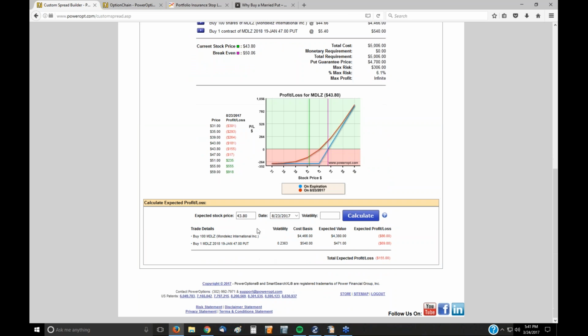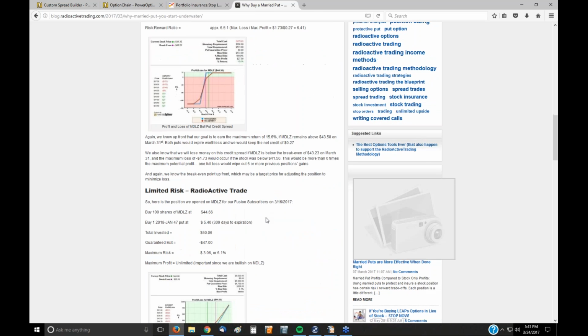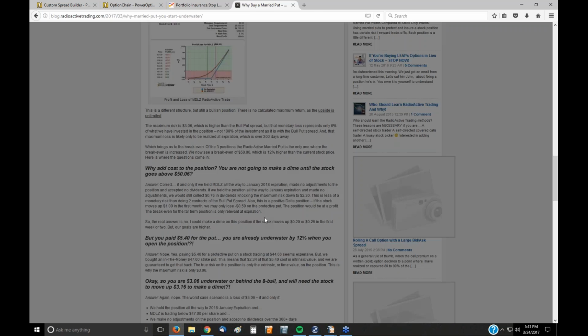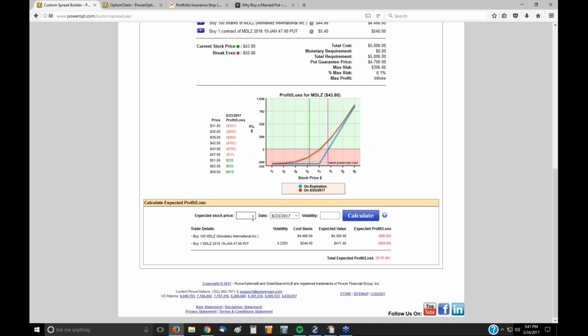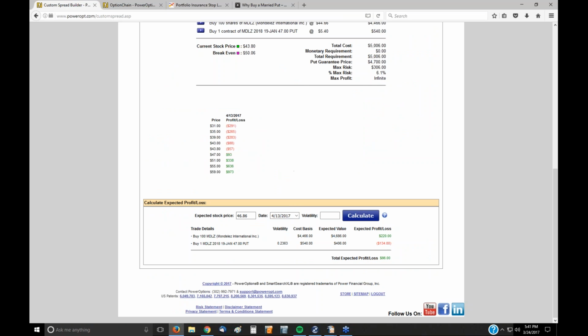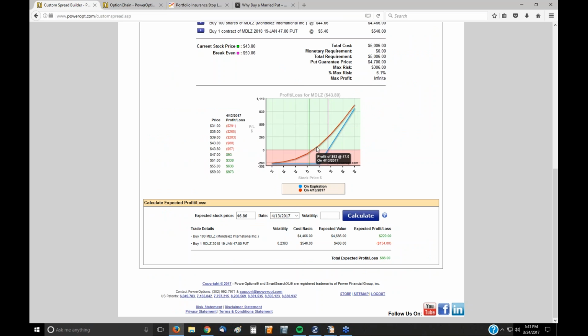And what we compared is if you saw a 3 or 4% movement in the stock, really about a 5% movement, and the stock went up to, sorry folks, 50.06. Well, 50.06 is the break even. But let's say the stock did move up 5%, we'd be at about 46.86, I think. But let's say it moved up 5% in the first 20 to 30 days. See, the married put still is a profit. If I'm at 46.86, I'm not near that break even at 50.06.